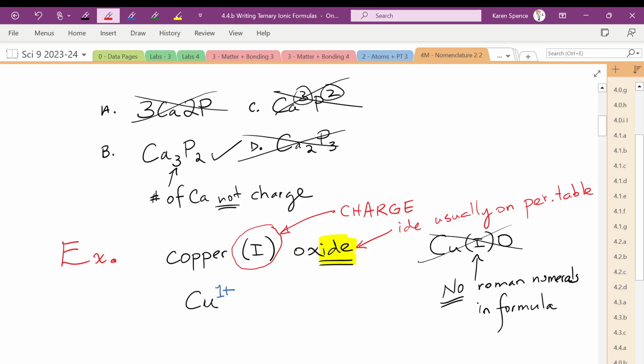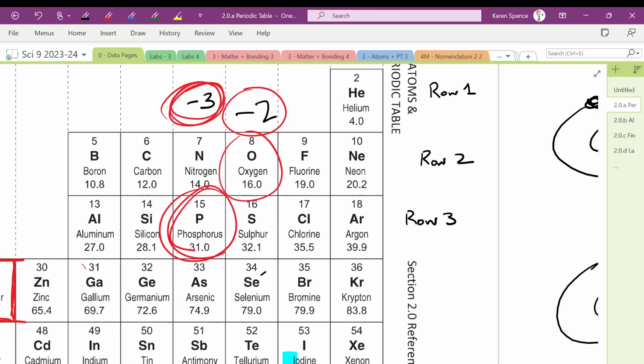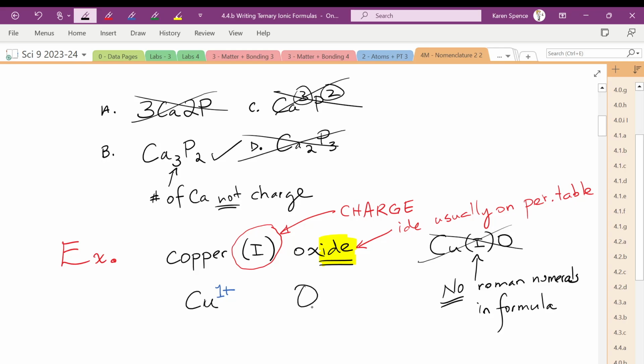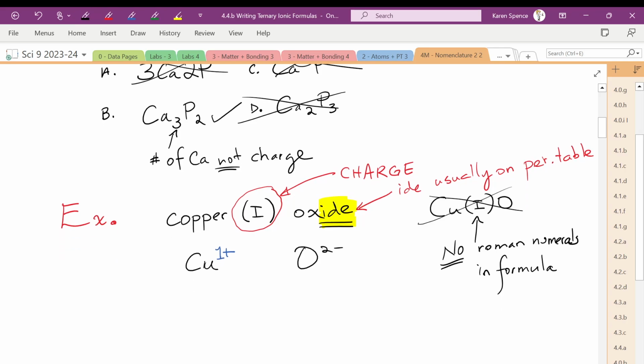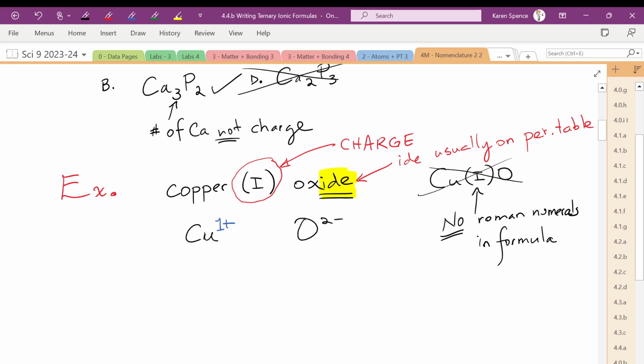So who is oxide? Oxygen. So let's go look up the charge of oxygen. Over here we go. There's oxygen. It is -2. So we have O, 2 minus. So that's step number 1.